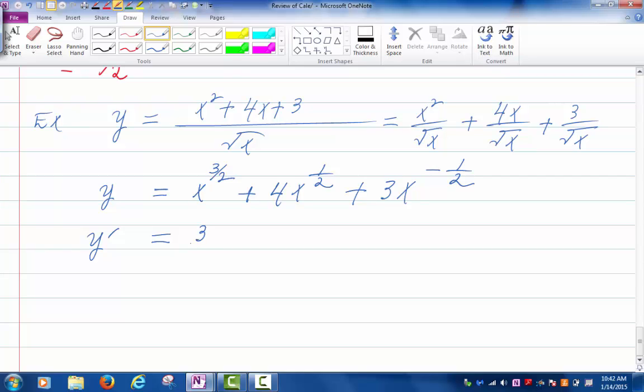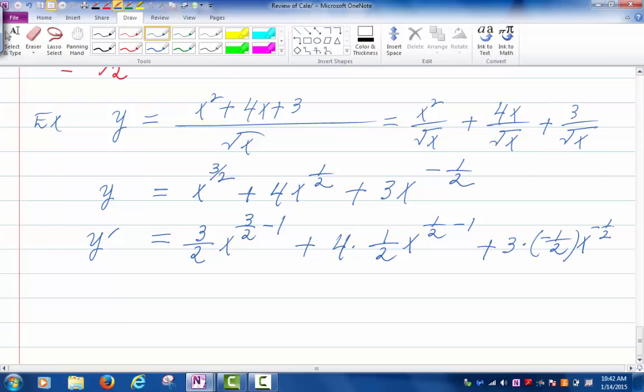So this would be what? 3/2 x to the 3/2 minus 1, right? Plus 4 times the derivative of x to the half, half times x to the half minus 1. Plus 3 times the derivative of x to the negative half, which would be negative half x to the negative half minus 1, right?